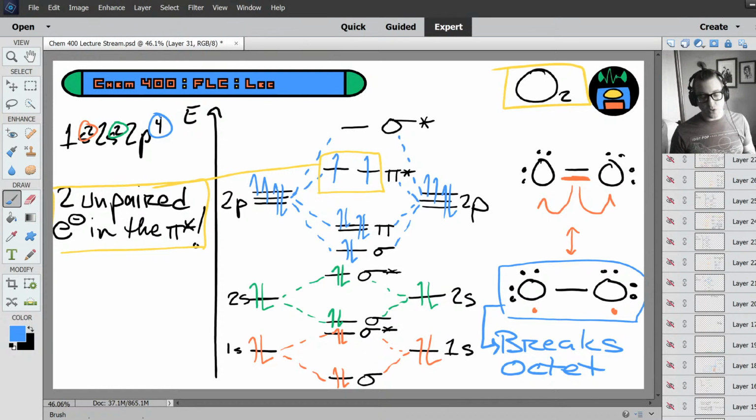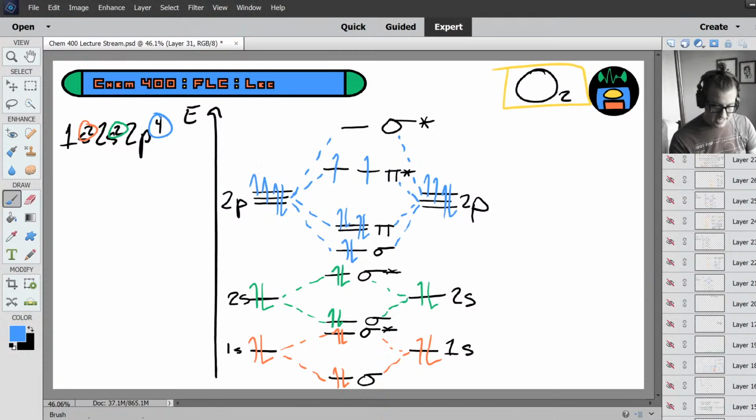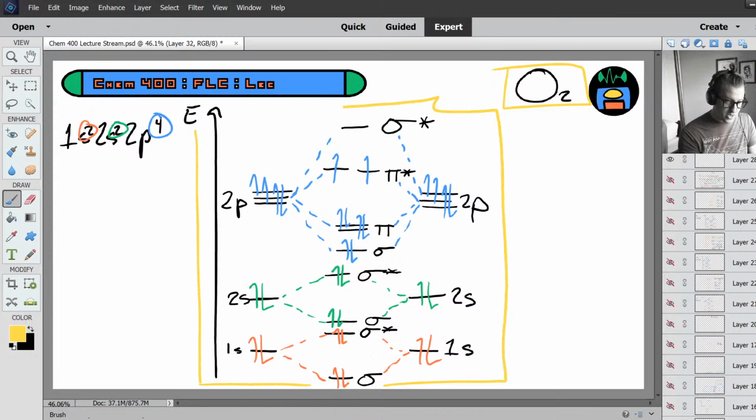Only in the molecular orbital diagram do you get an actual bond order of 2 depicted and the diradical together, both accounted for. So really, this is the only way to fully depict all of what we know to be true about the molecule O2. It only comes at us from molecular orbital theory.